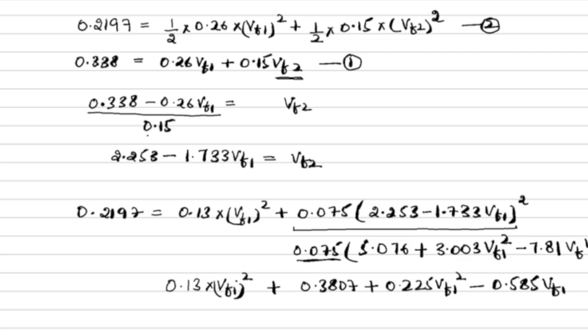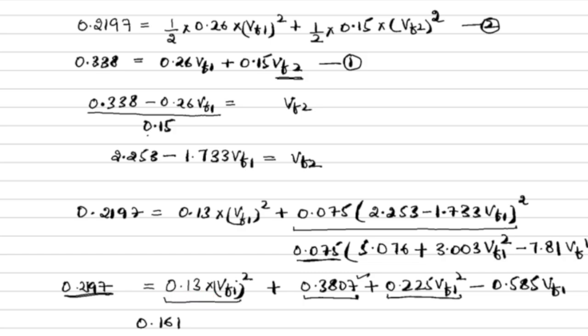Okay, so now we just need to rearrange. Let's make a quadratic equation, keep this guy, take to other side, so it will be subtracted from this. So 0.3807, I will subtract 0.2197 from it, and I will get 0.161. So I can say 0.161, and then I can collect this because these are both squared.